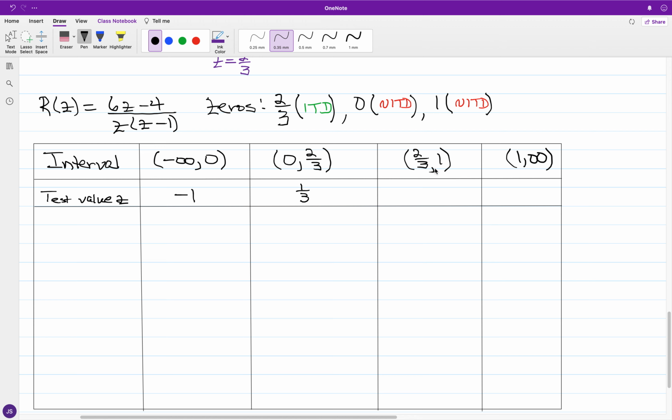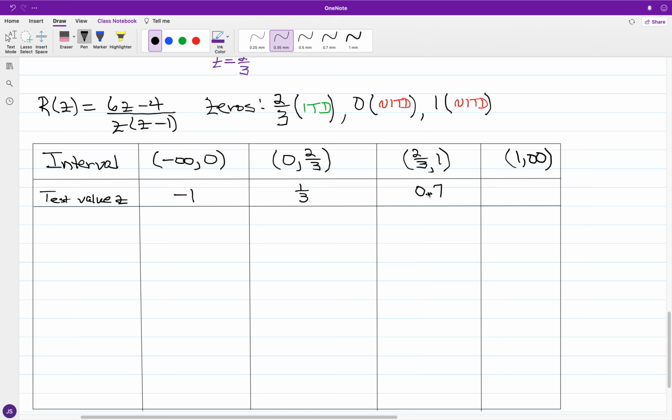Between 2/3 and 1, same predicament. 2/3 as a decimal is very close to 0.67, so something between that and 1, we'll say 7/10, or in decimal form 0.7. Anything greater than 1, we can go with the number 2.